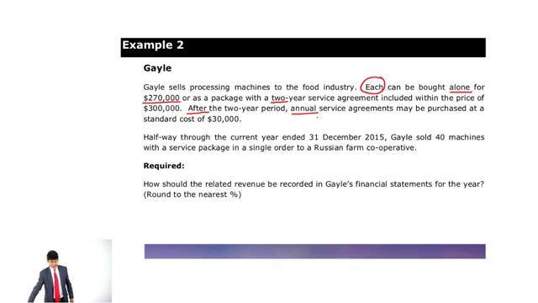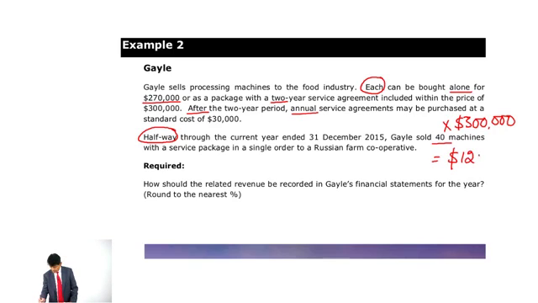Halfway through the current year, interesting, typical exam problem. Halfway through the current year, ended December 31st, 2015, Gale sold 40 machines. So if I take 40 and multiply by 300,000, that figure there would be 12 million, I suppose.